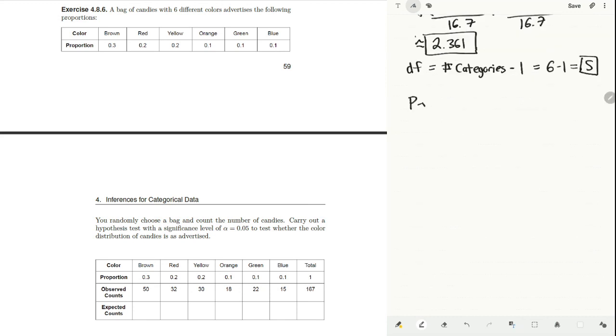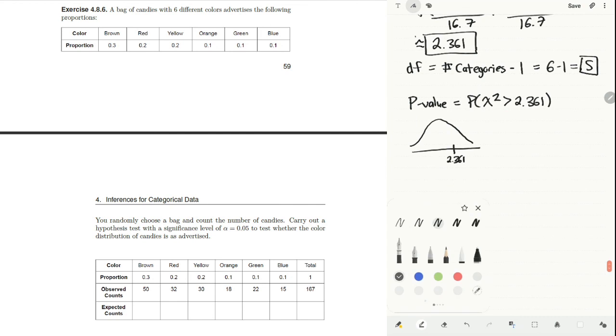So the p-value is the area to the right of 2.361 with 5 degrees of freedom. So we want to find an estimate for the area to the right of 2.361.